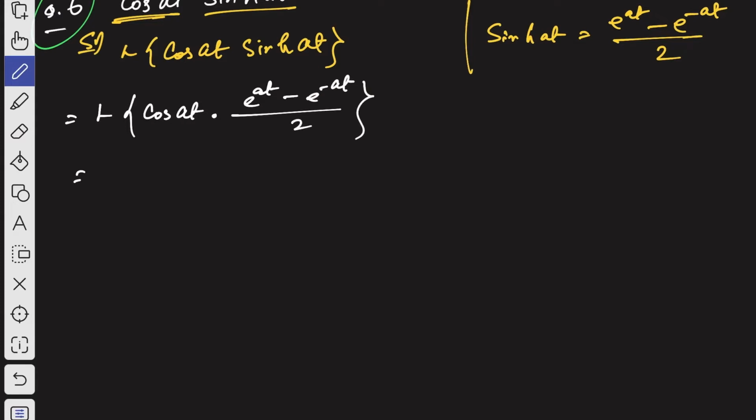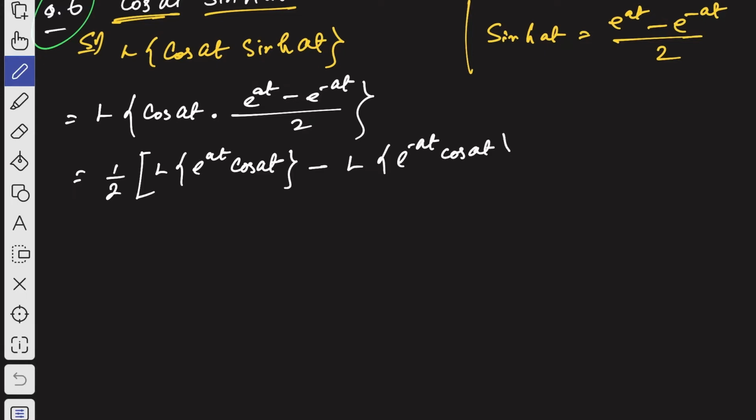So if you simplify this, then what you will get, half can be taken out, then you can write Laplace transformation of e to the power at cos at, then minus Laplace transformation of e to the power minus at cos at, right? That's what we will get.